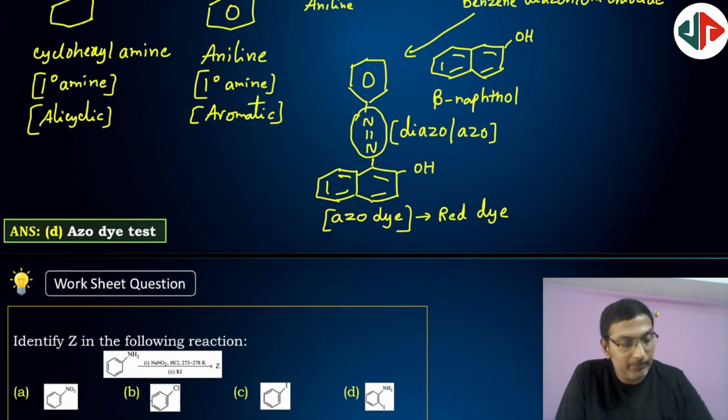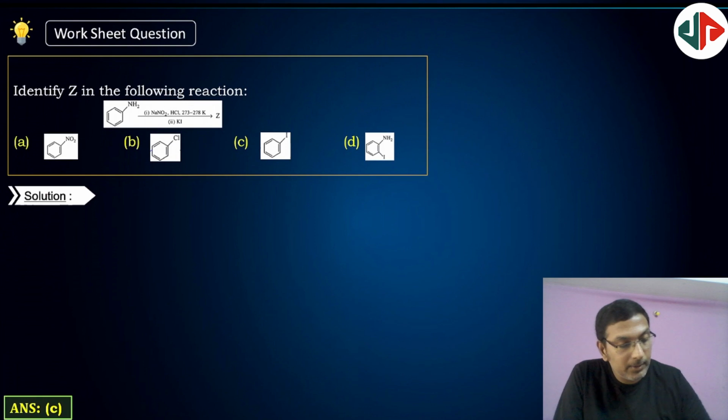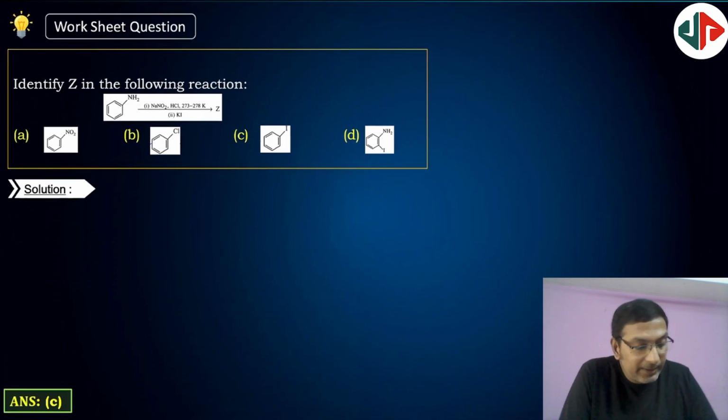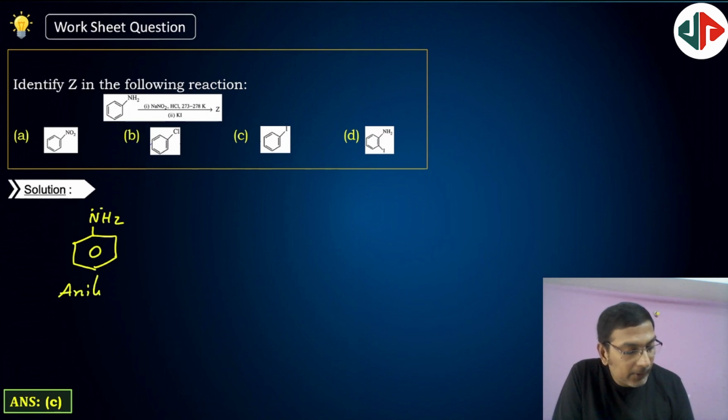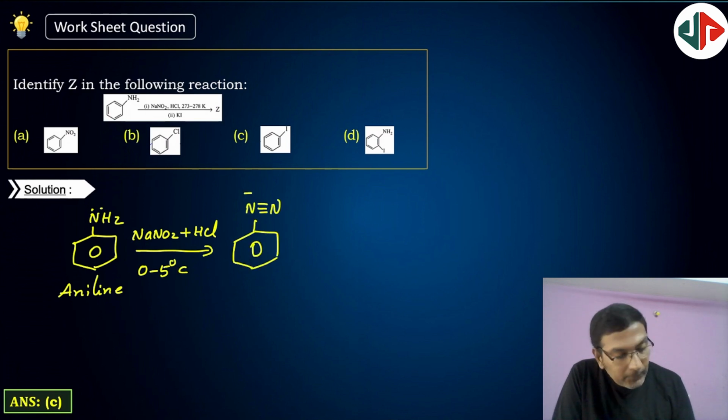Next. Identify Z in the following reaction. Simple reaction. First NH2 is given, which is aniline. First diazotization. NaNO2 plus HCl, 0 to 5 degrees centigrade. First it gives benzene diazonium chloride.